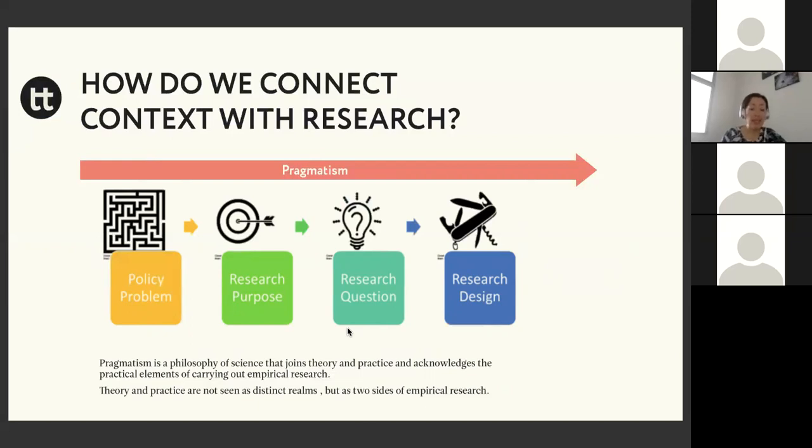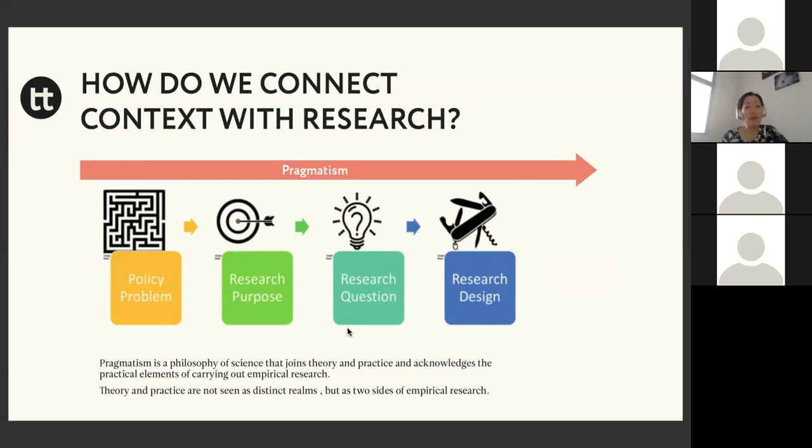Pragmatism is a philosophy of science, a way of understanding how to do science, that joins both theory and practice, and that acknowledges that there are some practical elements of carrying out empirical research that we need to take into consideration.